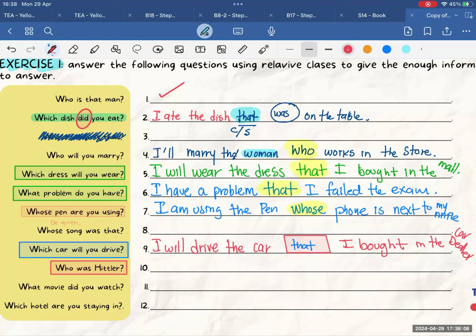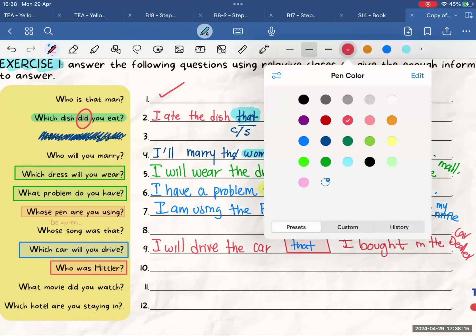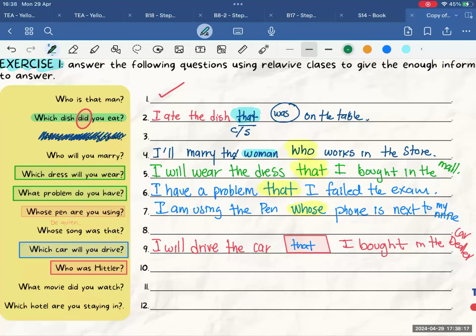Who was Hitler? Angie, Jaisa, Evelyn, Colette, Alina. Come on. Hitler. Hitler was a man. All right.